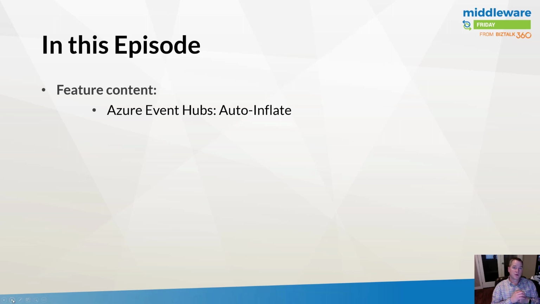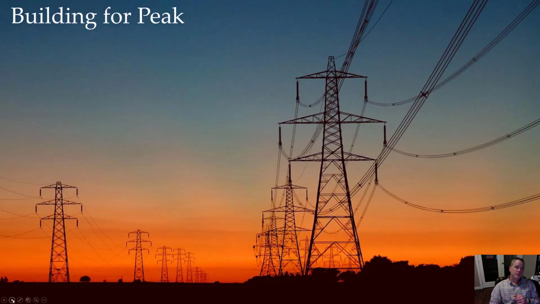So for today, we're just focusing on Azure Event Hubs and a feature called Auto Inflate. Now, one of the things that I really like about cloud is the ability to avoid building for peak. Much like if you were a power company, or more specifically a transmission company, you need to build your infrastructure to accommodate the maximum amount of throughput that all of your customers or consumers can demand of your particular network.